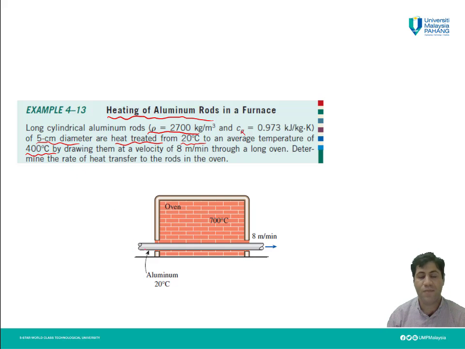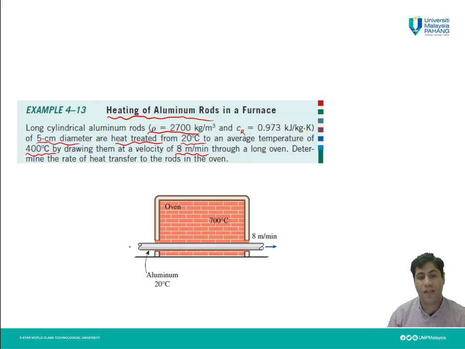So initially, when this rod goes into the oven, its temperature is 20 degrees Celsius, and the final temperature will be 400 degrees Celsius. It is drawn at a velocity of 8 meter per minute.